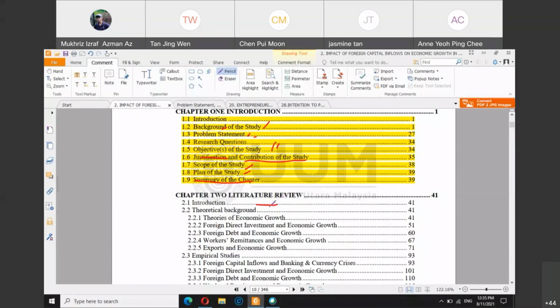Of course you can still refer to older articles and older journals, but you need to refer to the latest ones, 2021, 2020 articles, so that your research becomes more current and up to date. Because if you are writing a thesis today but your references are already 10 years old, then people will argue why you are not referring to the latest articles.